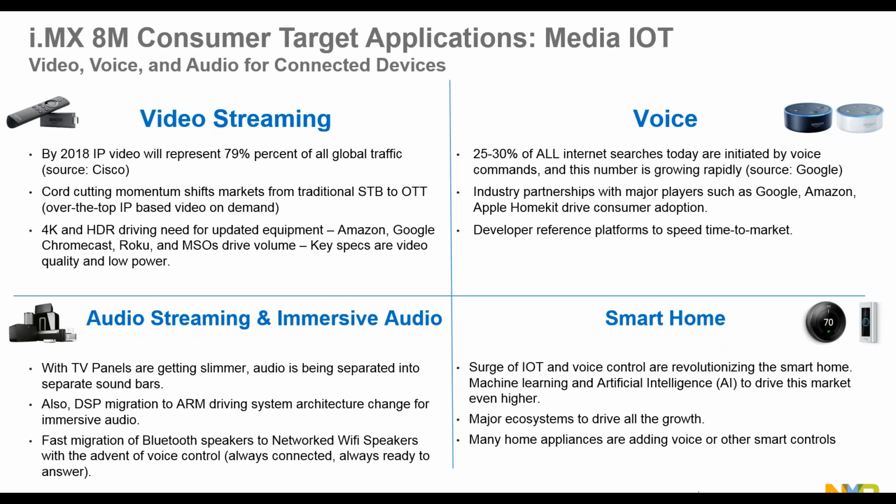TVs are getting slimmer, and that's pushing audio interfaces to be separate products, a trend that also penetrates embedded applications. So DSPs, dedicated hardware devices, are migrating to ARM solutions, benefiting from the huge ecosystem and knowledge base of embedded developers. We see machine learning and also artificial intelligence in smart homes, allowing things like face recognition, adding vision to the interface that we have.